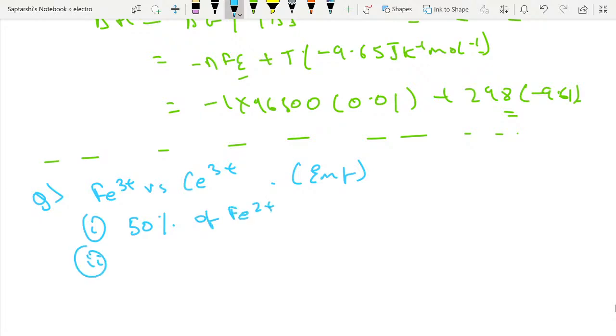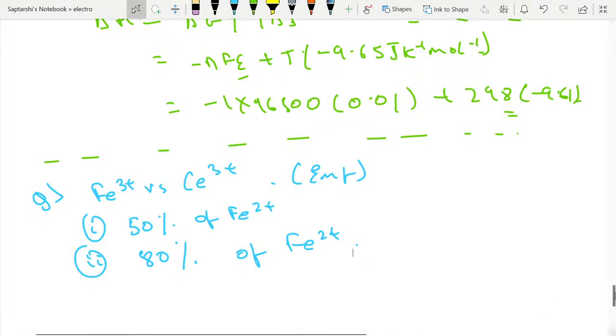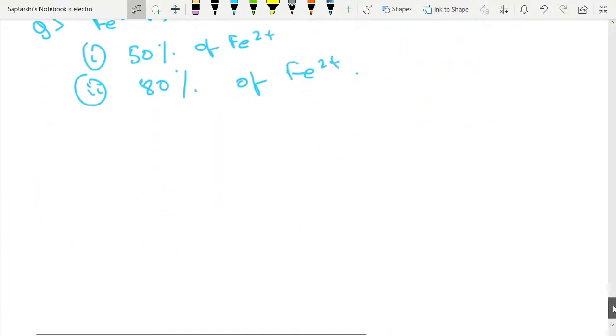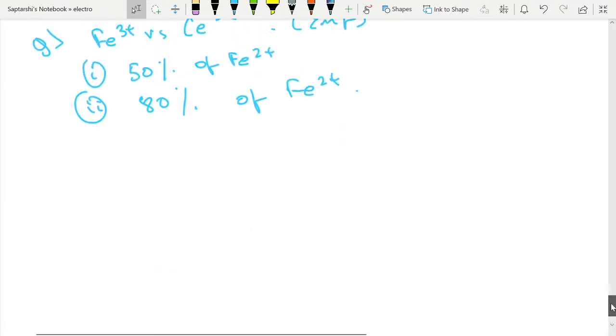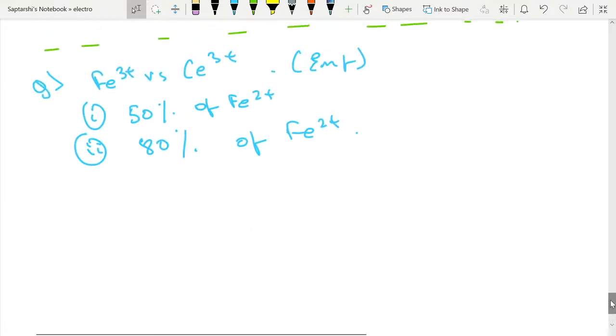The second case is when 80% of Fe2 plus is titrated.